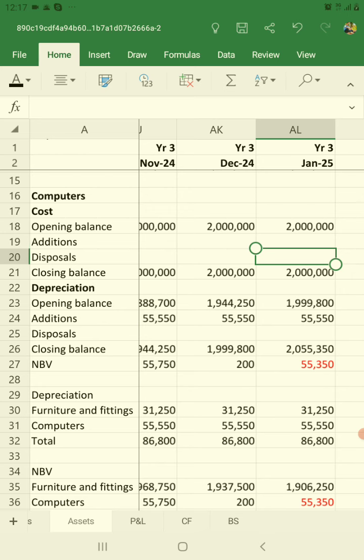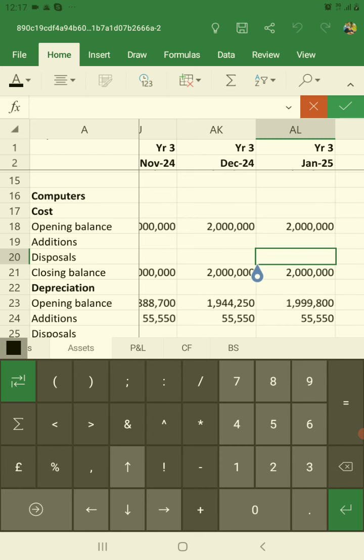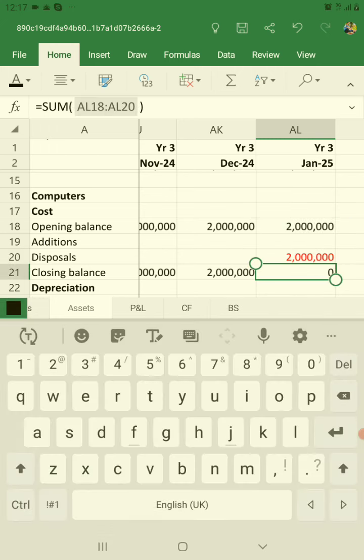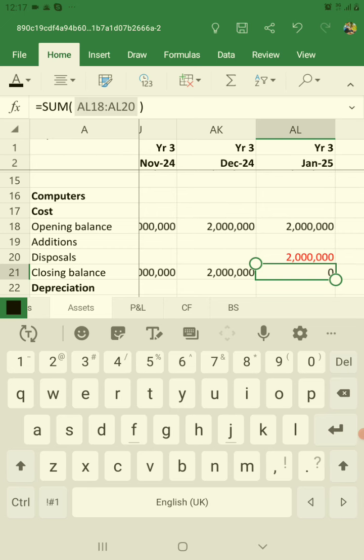So I double tap to start with equal sign, and then put minus, because disposals in this model are reported as negative figure, and then click on the cost element here. I can just click the cost element here and then enter.